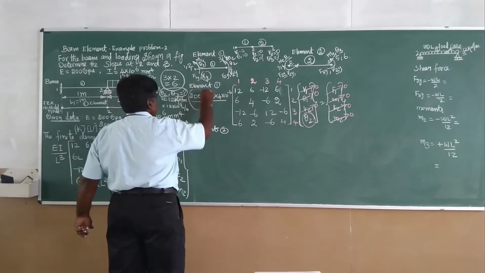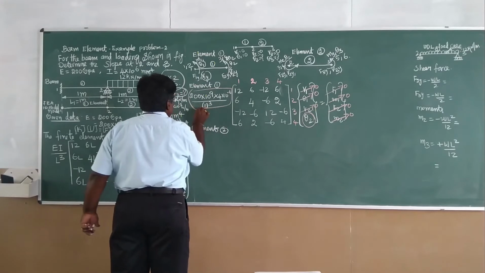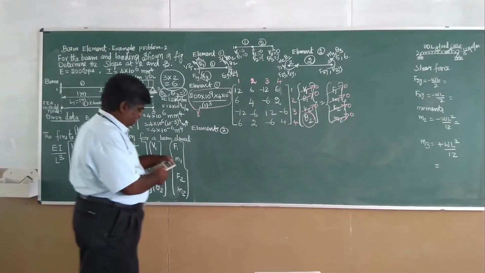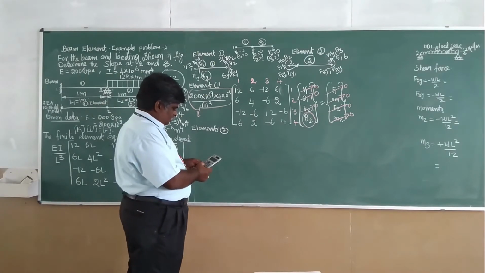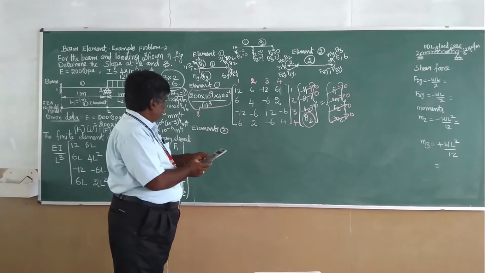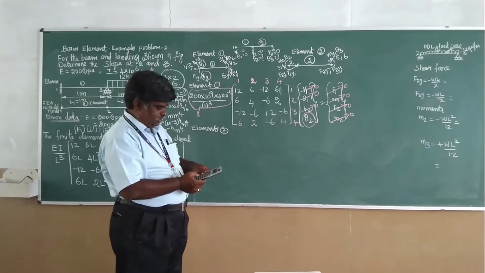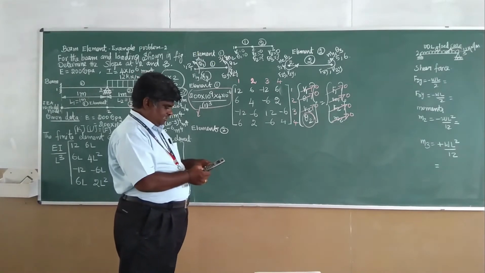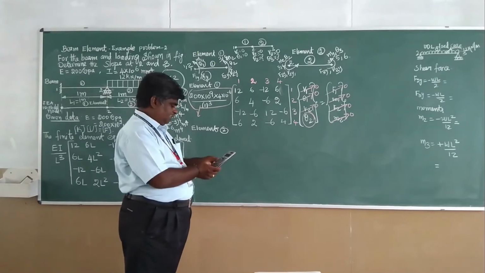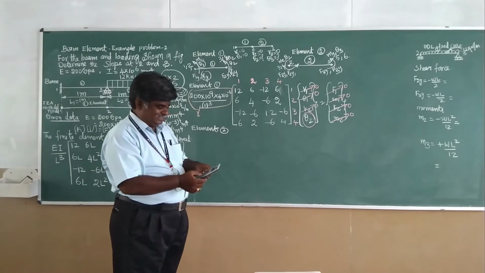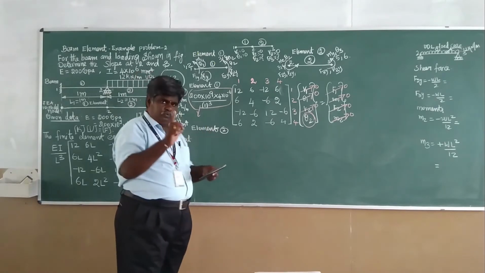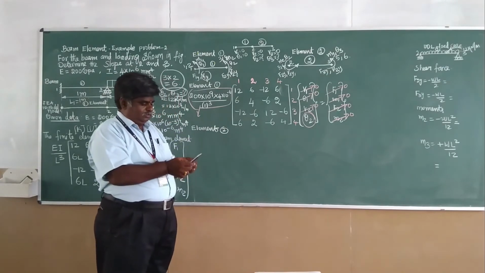We have to simplify this. Before that, 200 into 10 power 9 into 4 into 10 power minus 6, then L cube, L is 1.